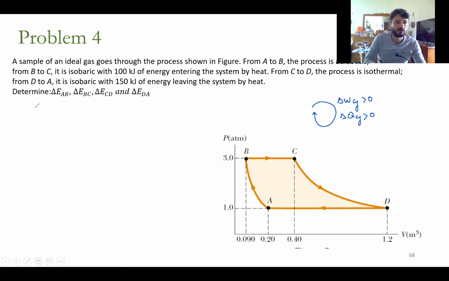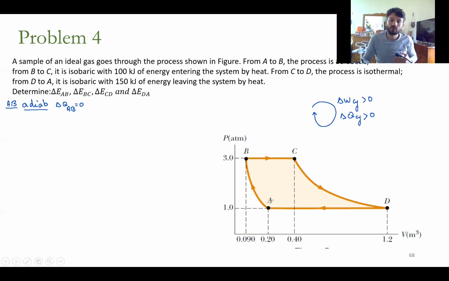From A to B, we are adiabatic. What do I mean by adiabatic? Delta Q AB equals 0.